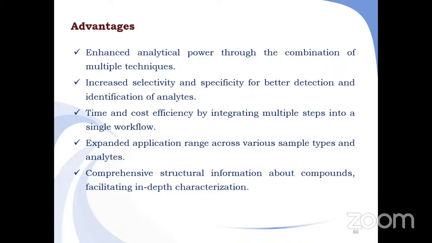For the different ionization methods, the factors include volume, concentration, sample phase, and composition of the analyte solution. All these are taken into consideration as advantages. We are using hyphenated techniques.